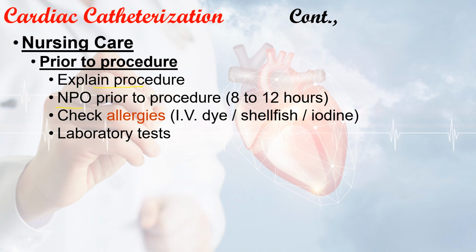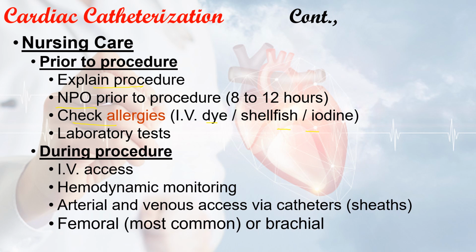Then maintain the patient nil per oral for 8 to 12 hours prior to the procedure. Then check for allergies, as we are using dye. Assess whether the patient has any allergies to dye, shellfish or any kind of iodine, and laboratory tests like all kinds of blood values are supposed to be collected in advance.